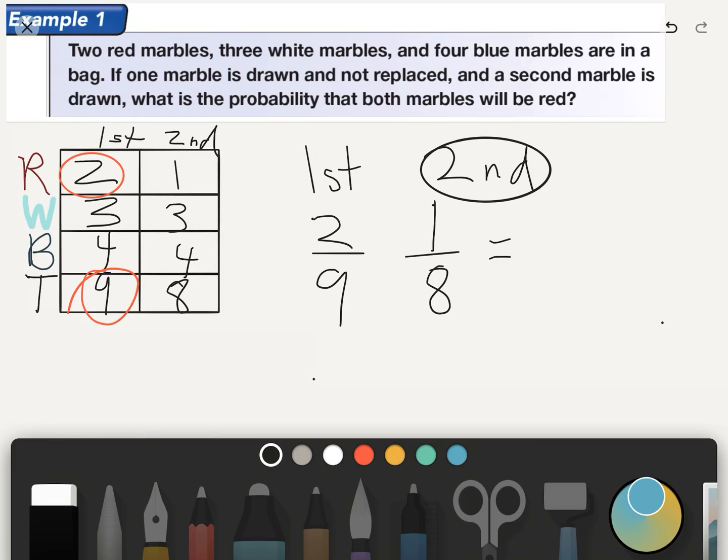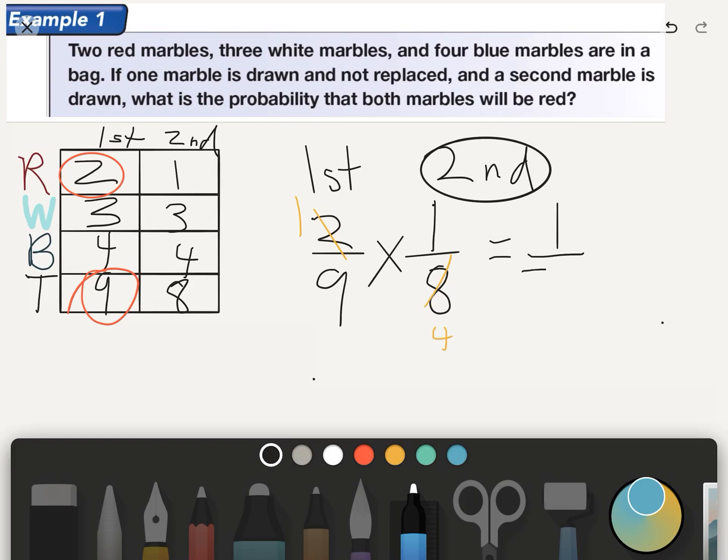So same thing with this, we are going to multiply our 2 probabilities. You do a little cross-canceling goodness. And that will get us, 1 times 1 is 1.